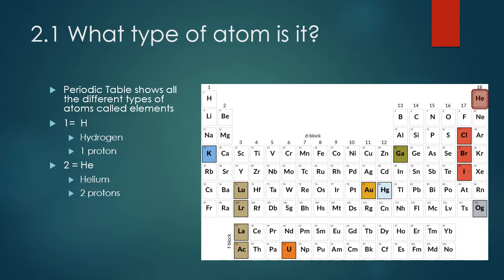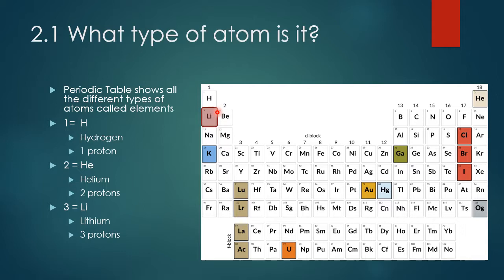Moving on next to number 3 in the periodic table. You might be able to guess by now that element number 3 here has 3 protons. This element is lithium, and it is abbreviated Li. Every atom or element on this periodic table has this number in the upper left-hand corner, and that is the number of protons in that element.